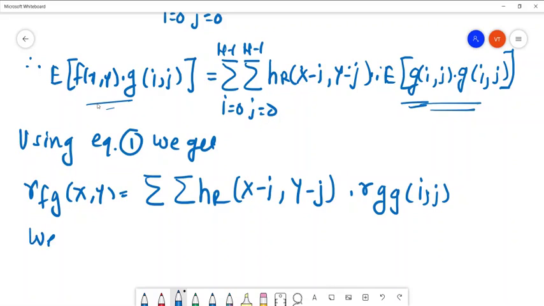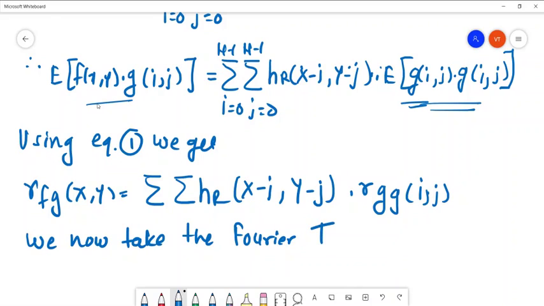We now take the Fourier transform of the above equation.